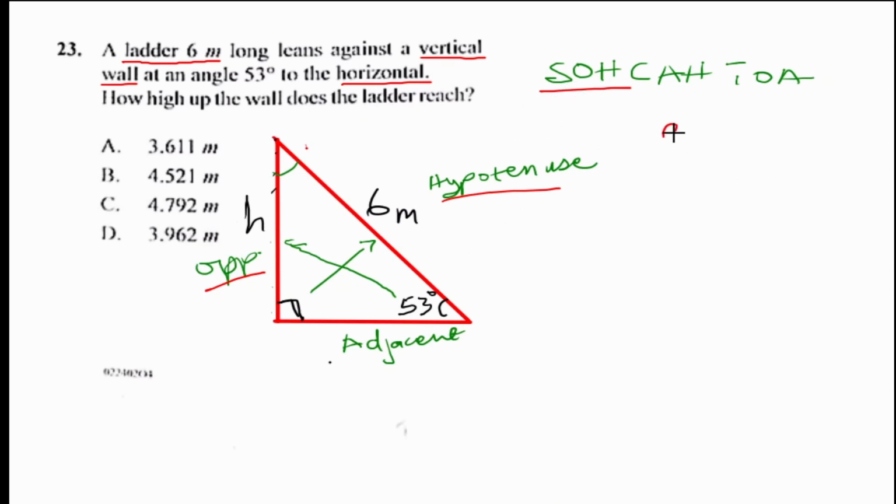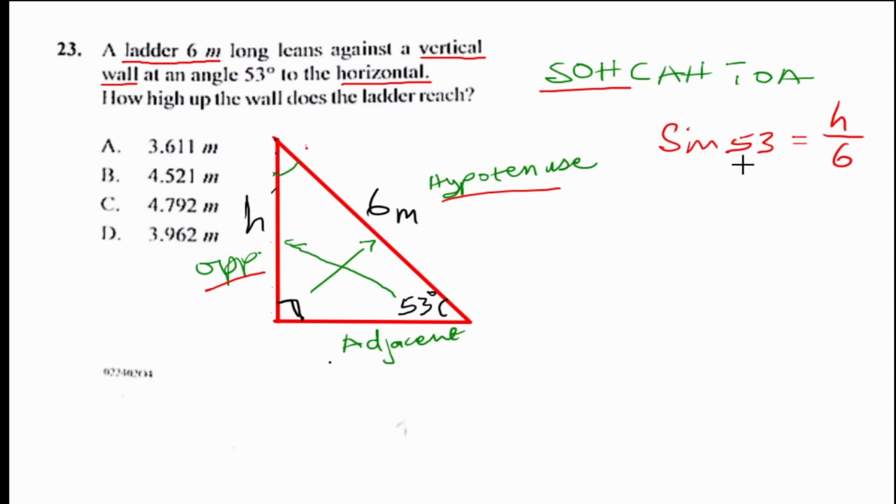That means we are going to have sine of the angle, of course. So sine 53 degrees equals the opposite, we're calling it h, over the hypotenuse, which is 6.